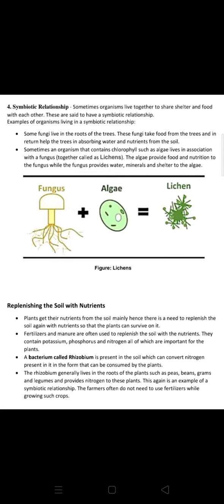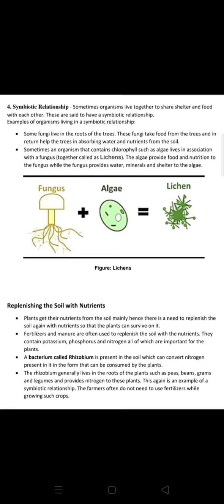Now next we will study replenishing the soil with nutrients. Plants take nutrients from the soil only. Soil gives nutrients to the plant, but the plant takes most of the nutrients of the soil.